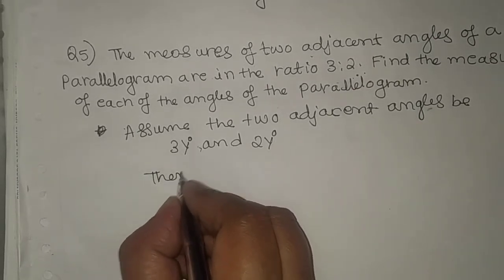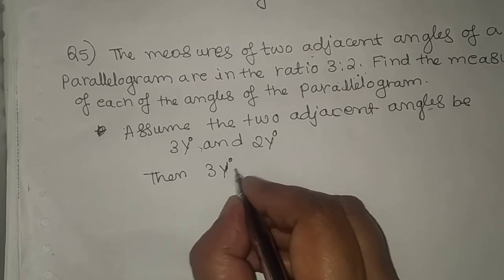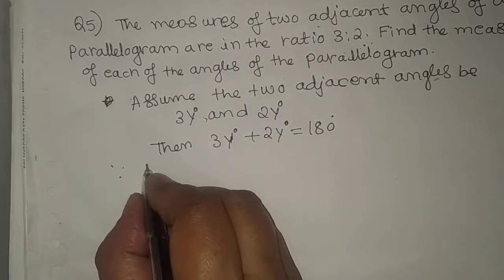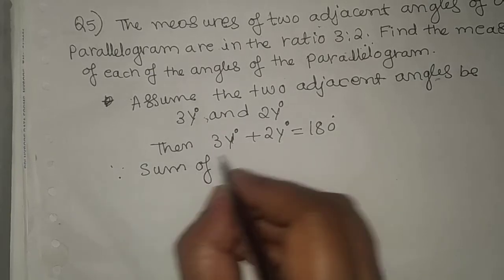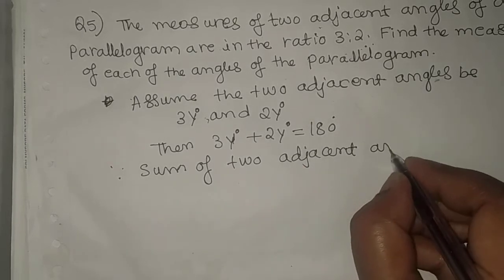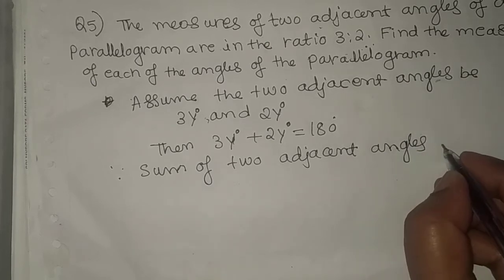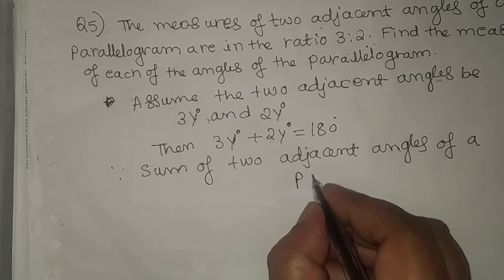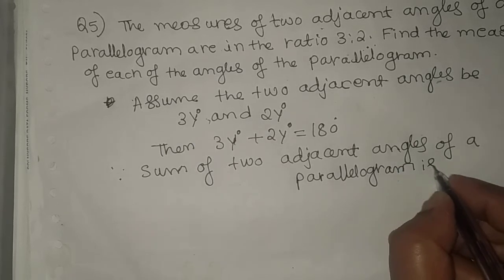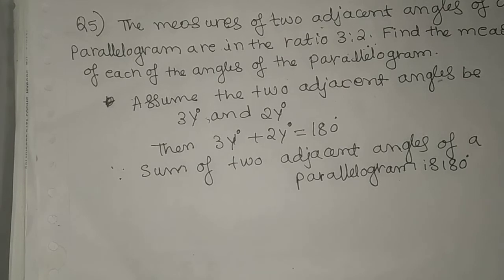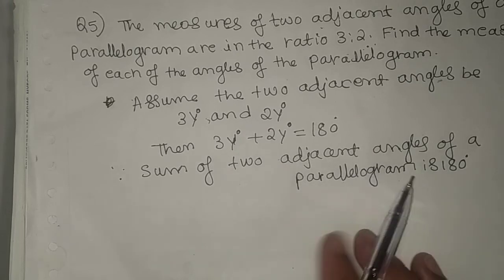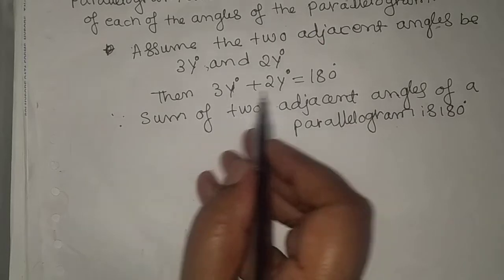Then next step: 3y degrees plus 2y degrees is equal to 180, because the sum of two adjacent angles of a parallelogram is 180 degrees. Adjacent angles are the angles next to each other.